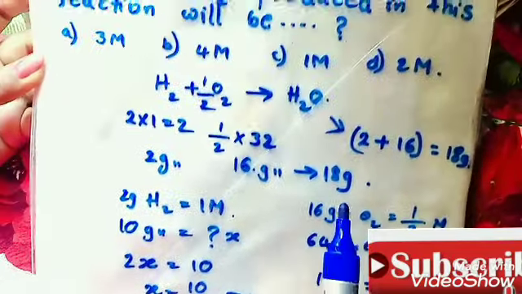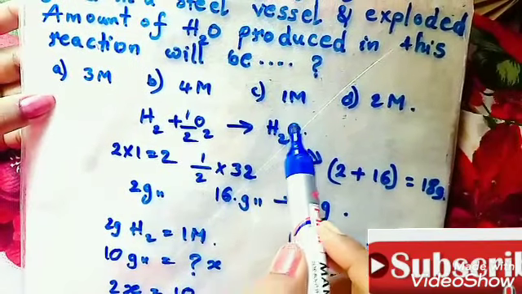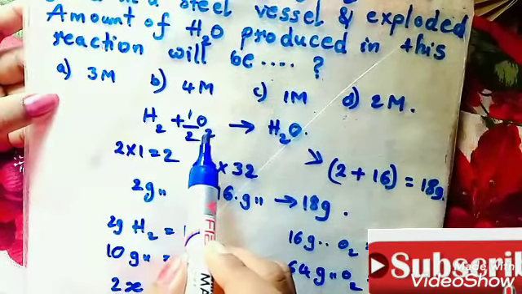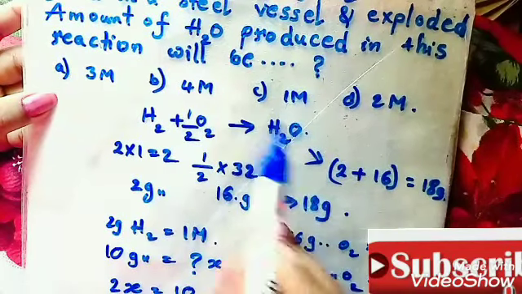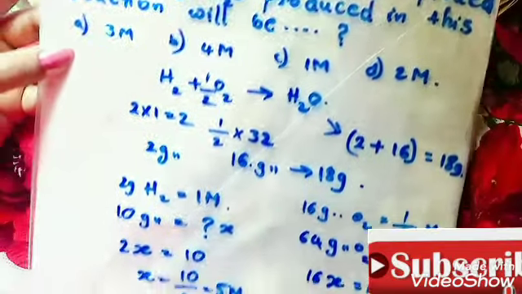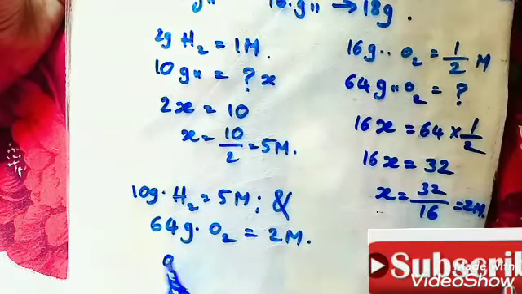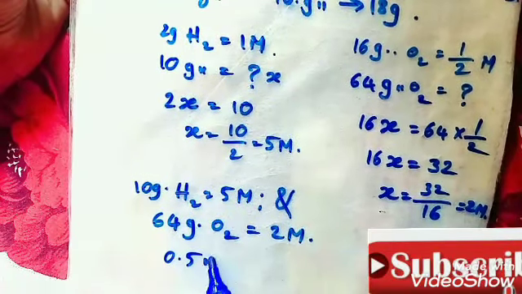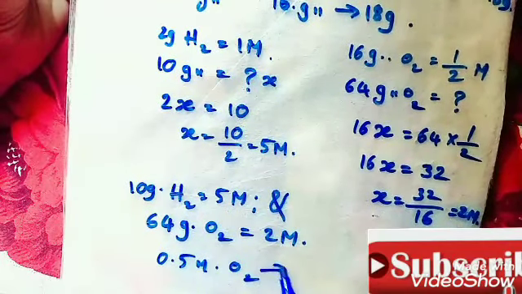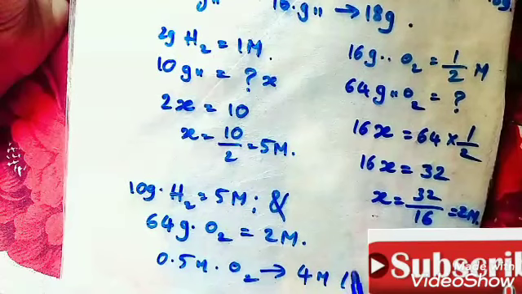In this reaction, oxygen is the limiting reagent, so the amount of H2O produced depends upon the O2. That means 0.5 mole of O2 will give 4 moles of H2O.